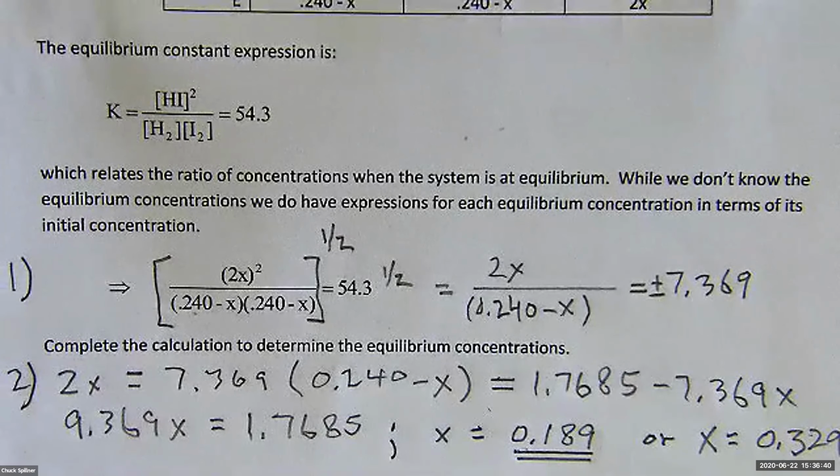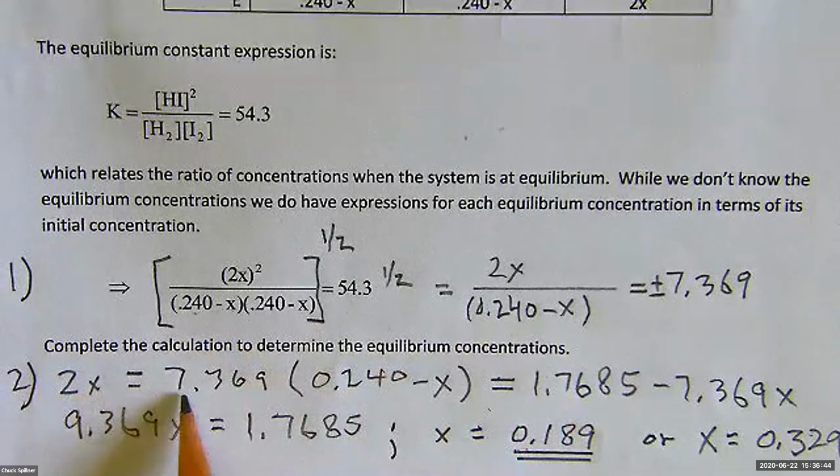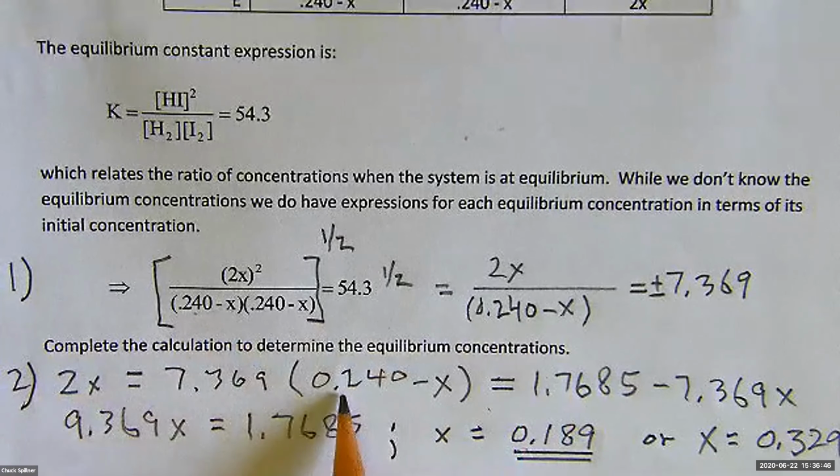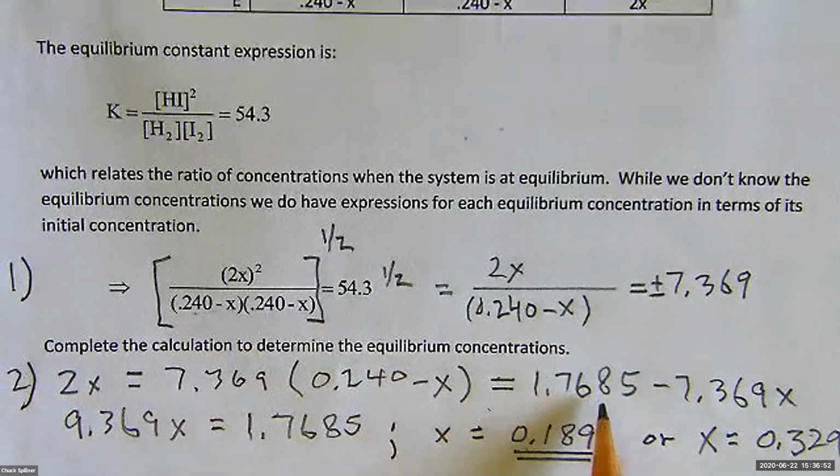If we multiply both sides by 0.240 minus x, we get 2x equals 7.369 times 0.240 minus x. That's going to equal 1.7685 minus 7.369x.